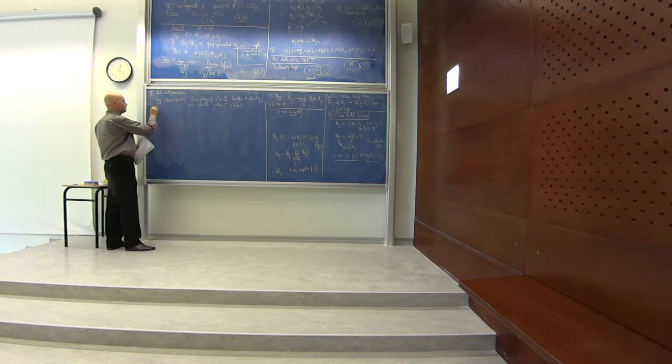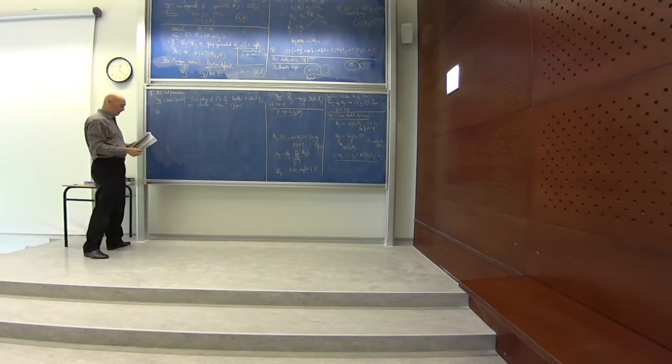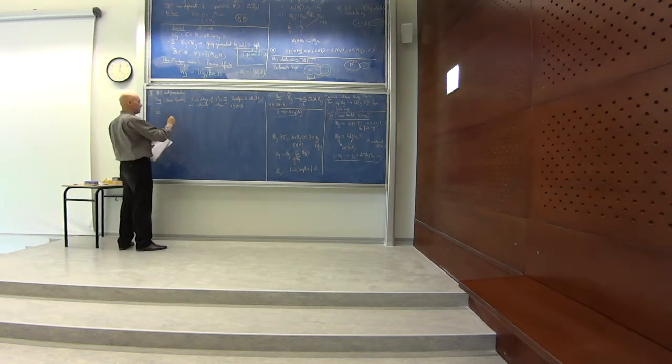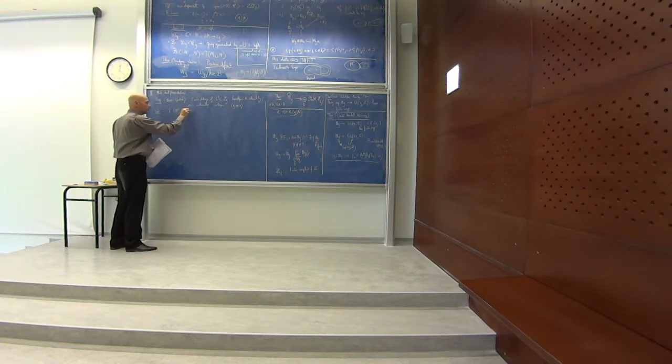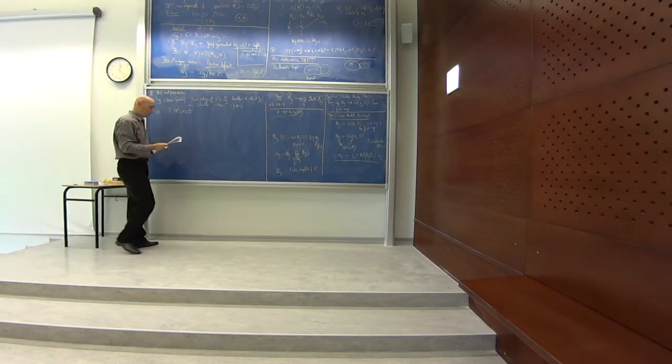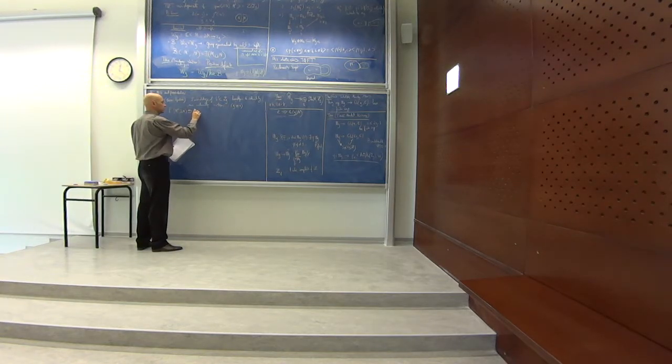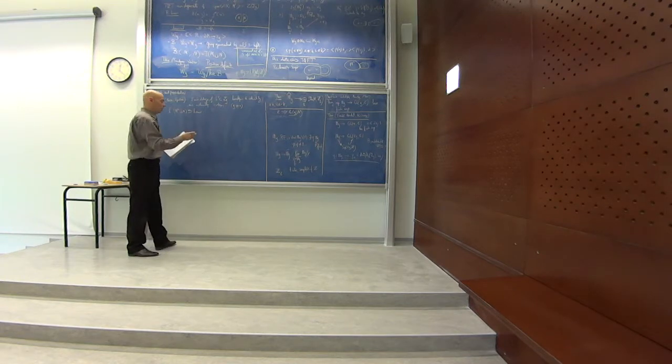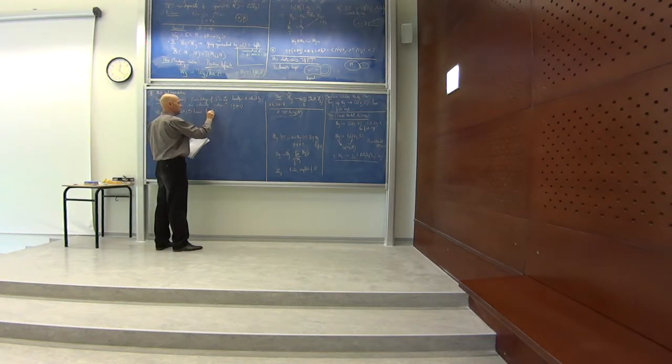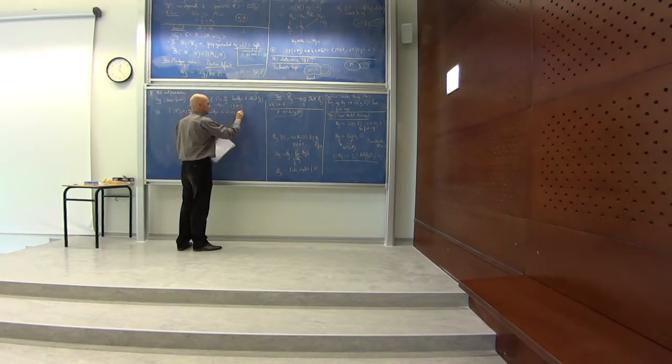So the immediate corollary is that if you have h defined from a surface with boundary, a diffeomorphism or homeomorphism, which is homotopic to identity, then it is isotopic to identity.